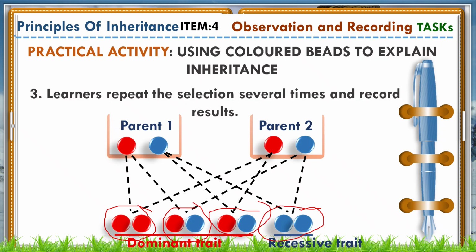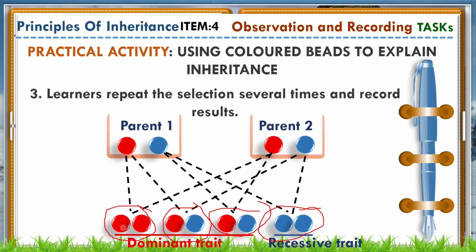So when we are recording, if it is eye color, red eye color, this offspring is going to have red eye color. This one will have red eye color because red is dominant to blue. And this offspring will also have red eye color because in the combination there is a red allele which is dominant to the blue.